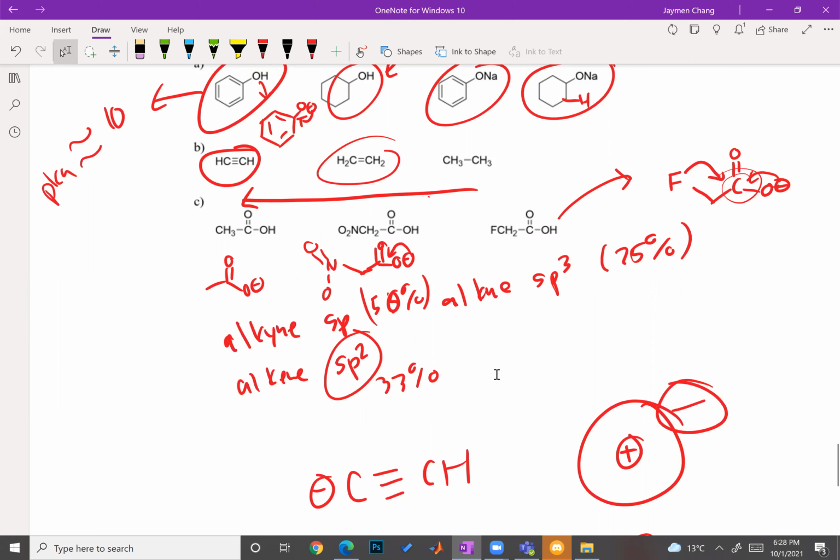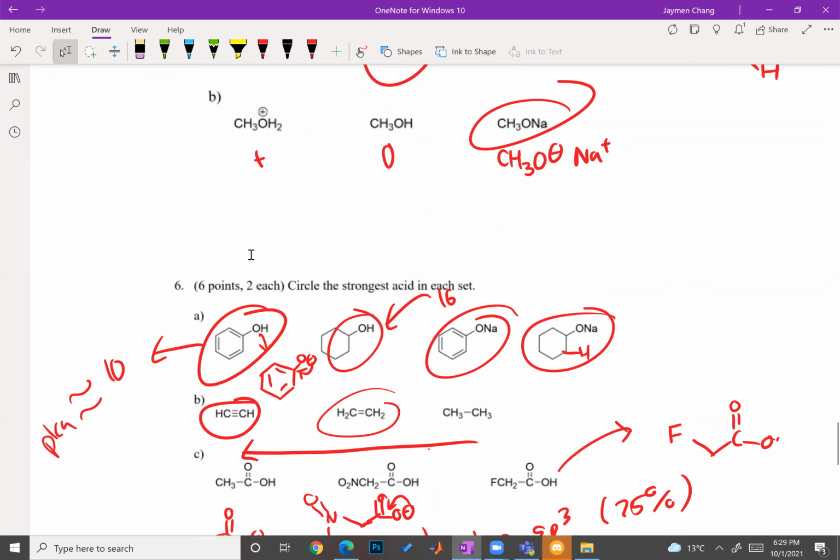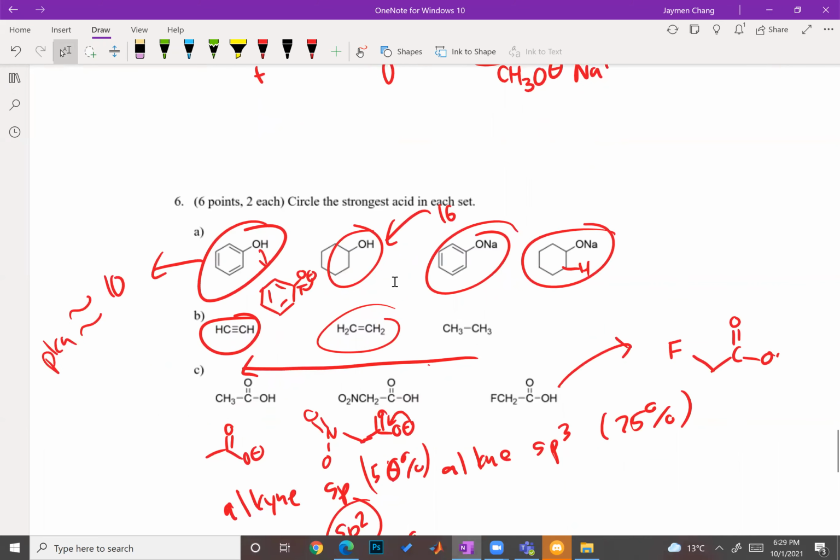So what we're going to see here is the inductive effect. This inductive effect is actually good because we're thinking about it backwards. When we're talking about acidity, we want the conjugate base to be stabilized through the inductive effect. So this negative charge is going to be here, which is going to have our O minus here.